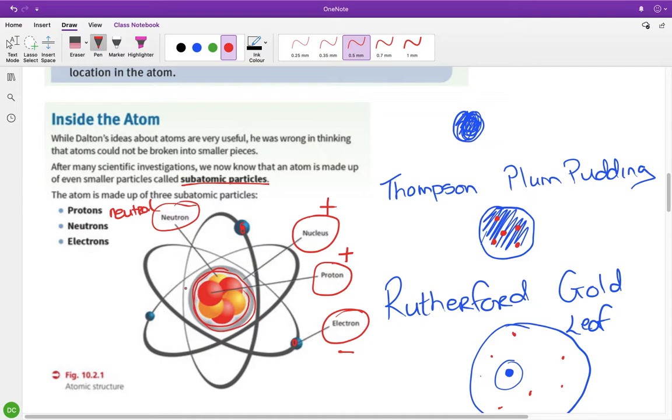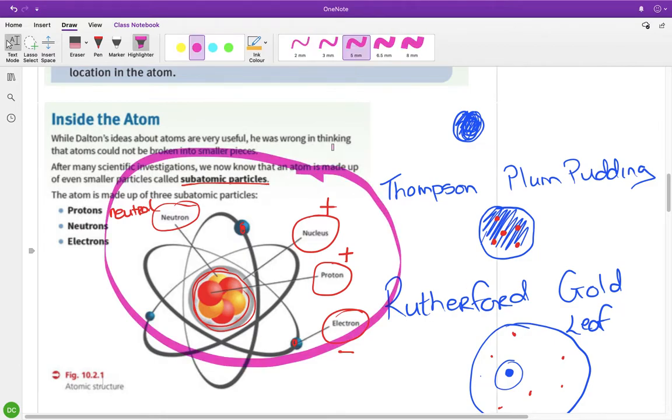Okay, so inside the nucleus, we have our protons and our neutrons. Protons are positive, neutrons are neutral, so overall the nucleus is positive because of what it holds. And then outside of the nucleus, on these shells or rings, we have the electrons, and the electrons are negative. Now overall, an atom has to be neutral.